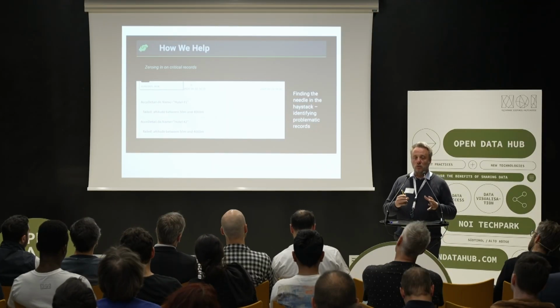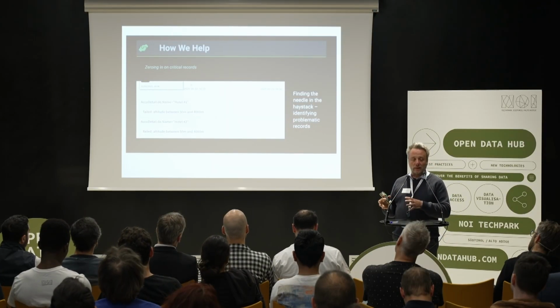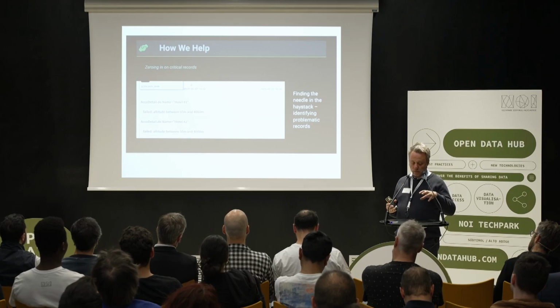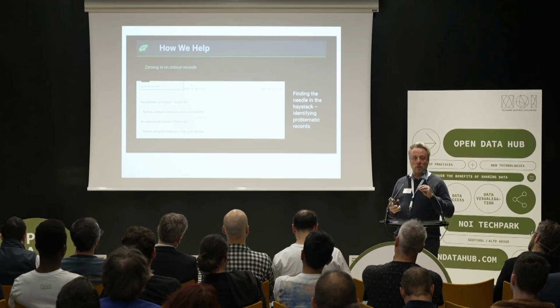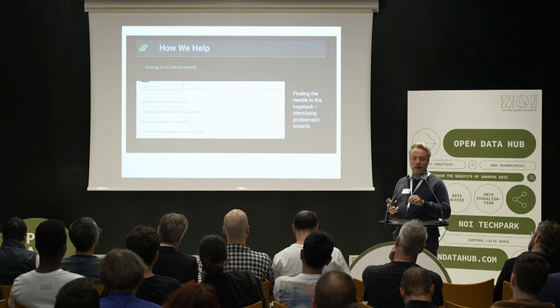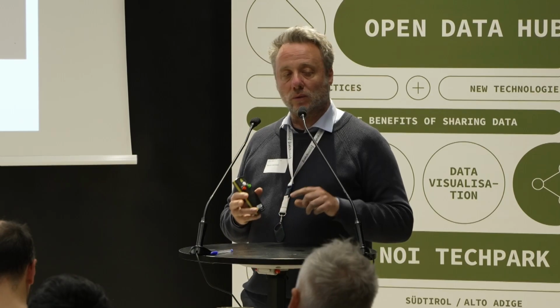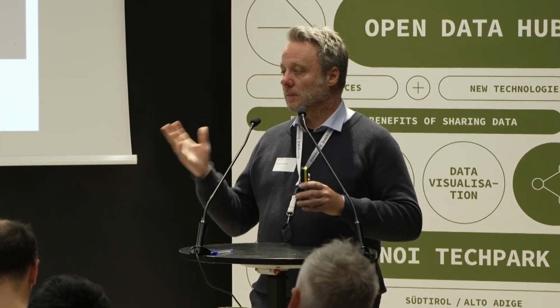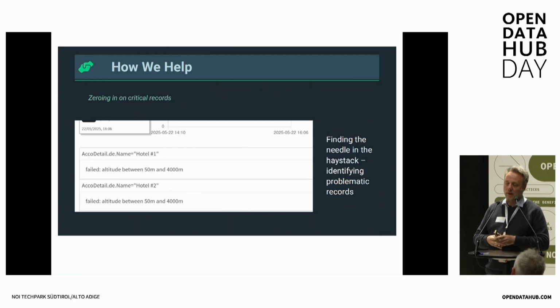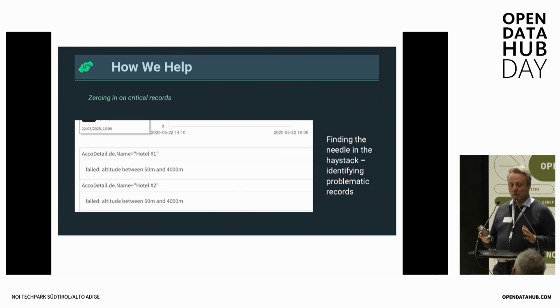To help improve quality, after showing categories, if you choose, for example, some test, we can point you exactly to which data has a problem. In many cases, data is a lot of records, so we can say, for example, the problem with the range of temperature is in these records.